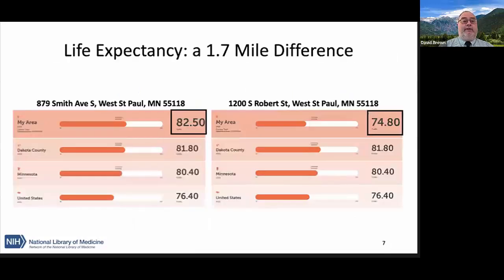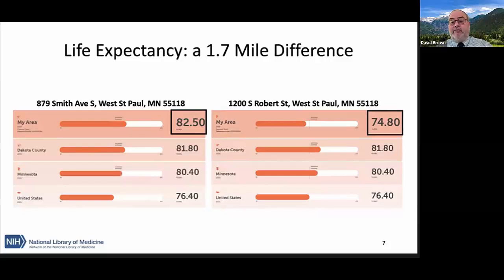The other thing we have to look at is life expectancy, and health disparities are numerous in our society right now. What's interesting here is we're going to show an example of West St. Paul, Minnesota: one address in West St. Paul, and a second address in West St. Paul, within a 1.7 mile difference, even in the same zip code, and you can see the difference in life expectancy because of disparities and location.